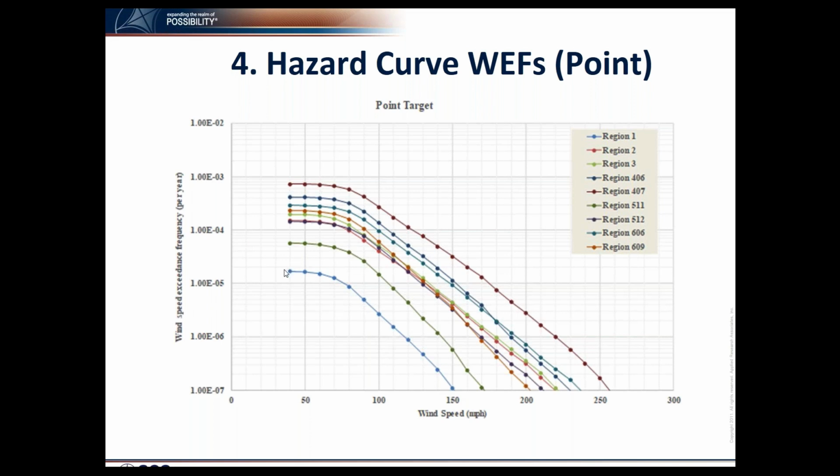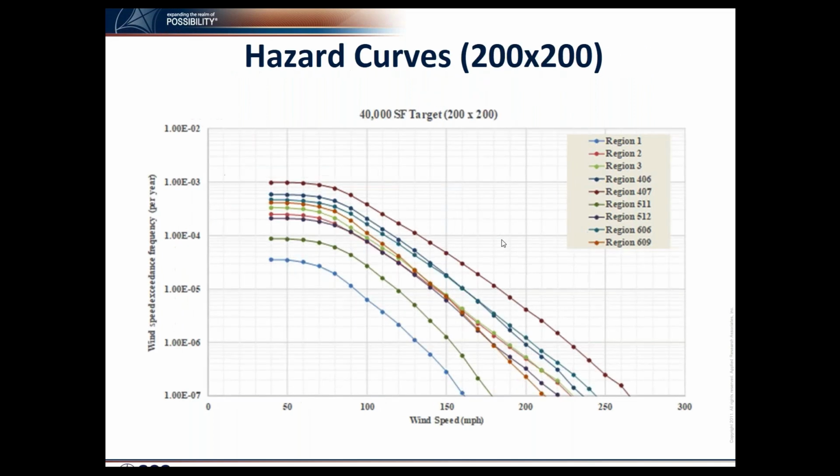This is the region that is west of the Rocky Mountains, which has shorter path length tornadoes as well as lower intensity tornadoes. This one has longer path length and width tornadoes as well as some higher intensity tornadoes in the tornado database.